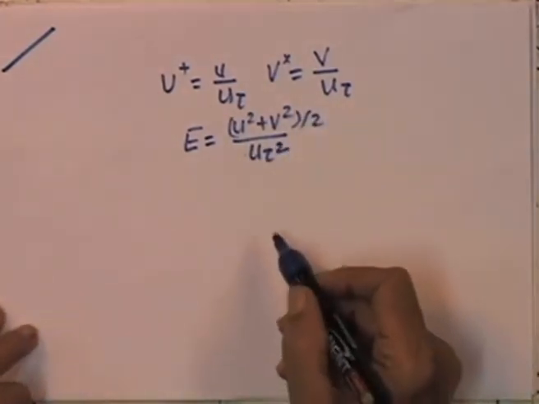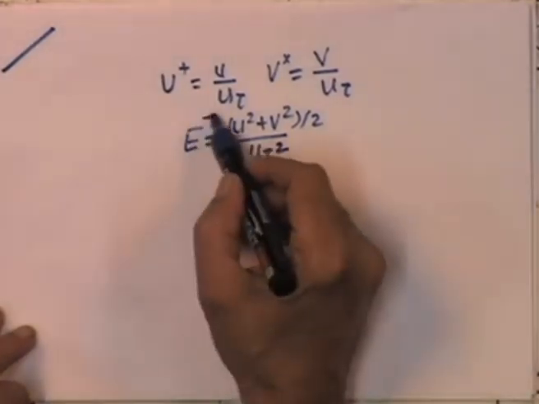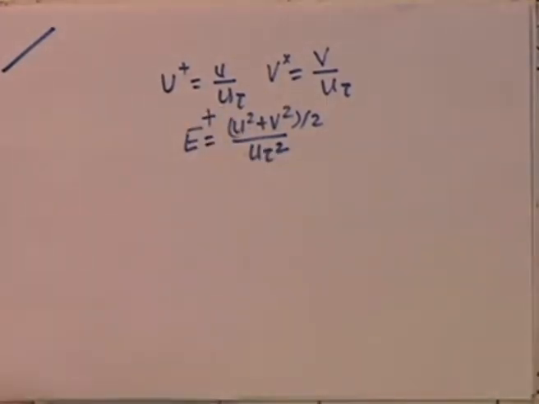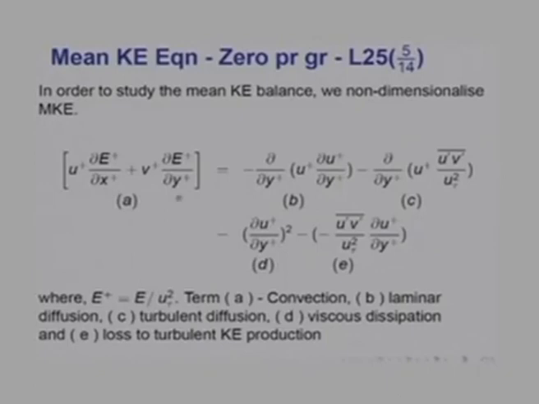So, that is the energy E plus. If you look at the equations here, term A is the convective term, term B is the laminar diffusion term, term C is the turbulent diffusion term, D is the viscous dissipation term, and term E is the loss of mean energy due to turbulent kinetic energy production.